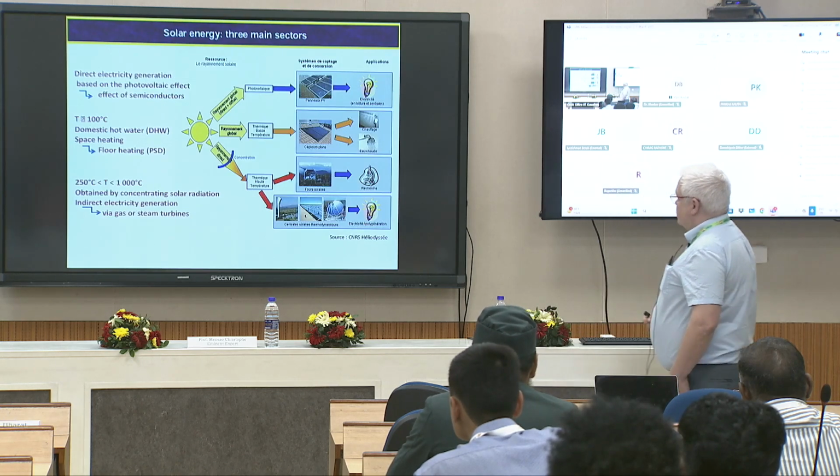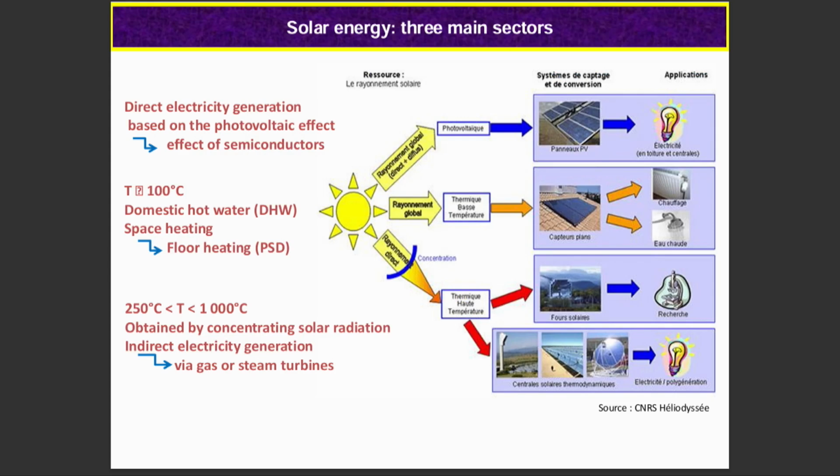So now regarding the generation of electricity, there are 2 main sectors: photovoltaic, as we have seen yesterday, and thermal at high temperature. High temperature is considered to be from 300 degrees to 1000 degrees.